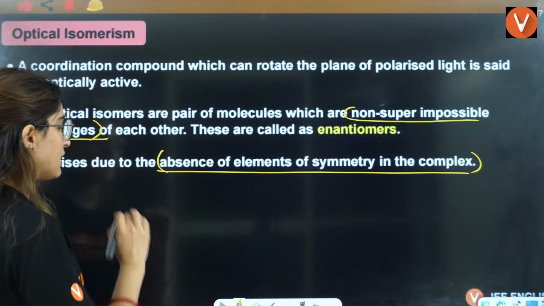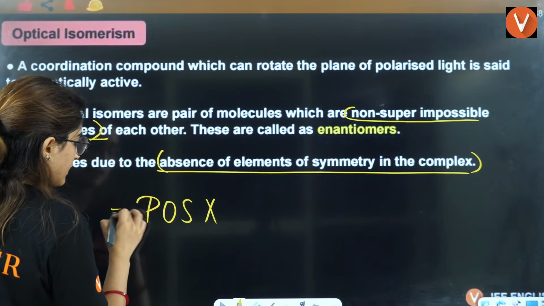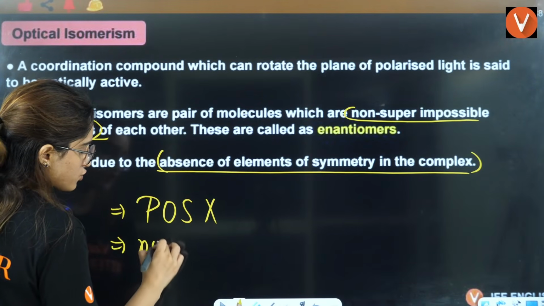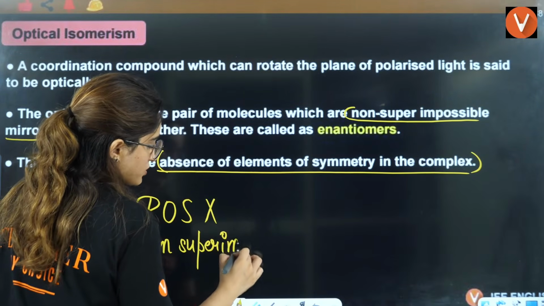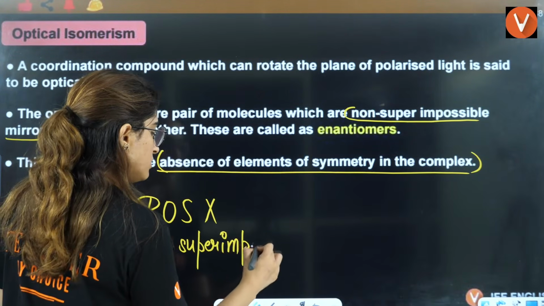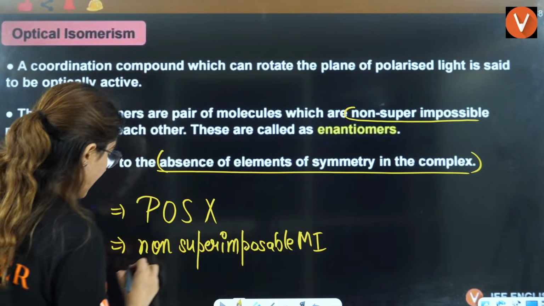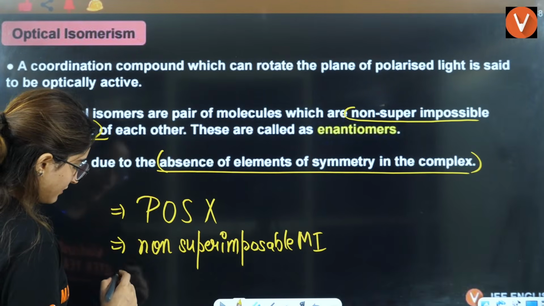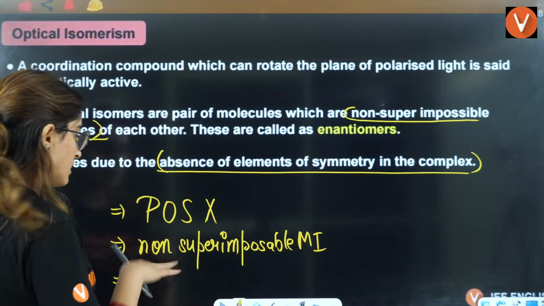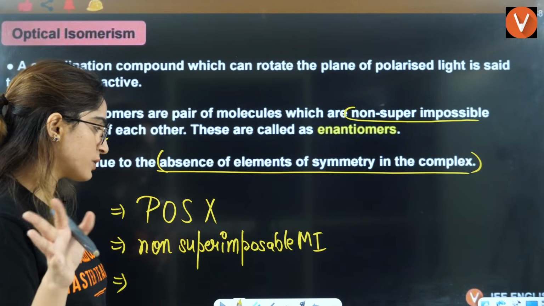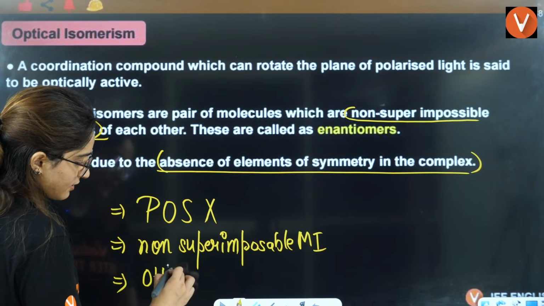Simple funda: if plane of symmetry is not present, it means it is a non-superimposable mirror image, and you can say it is optically active.